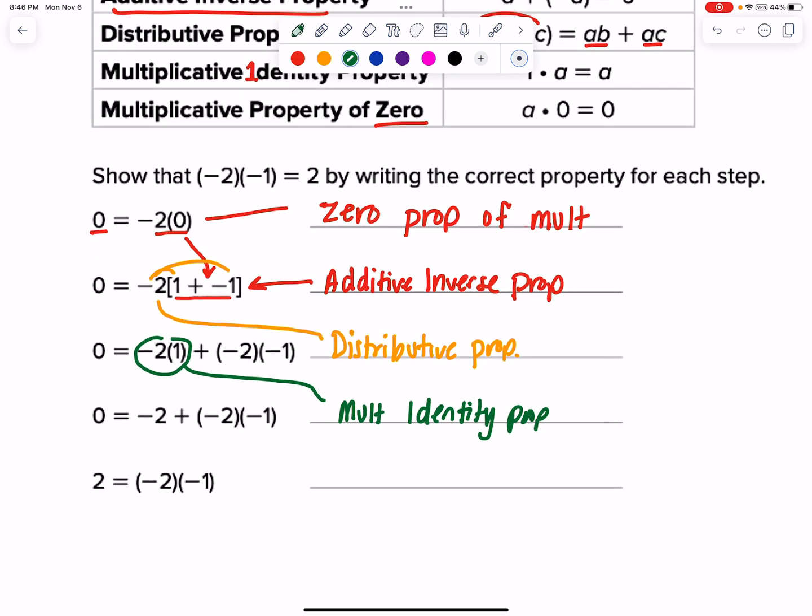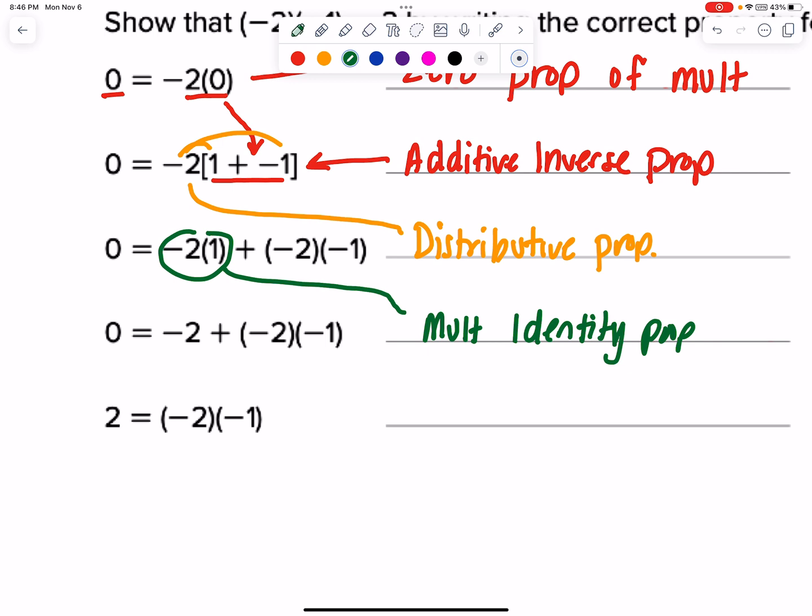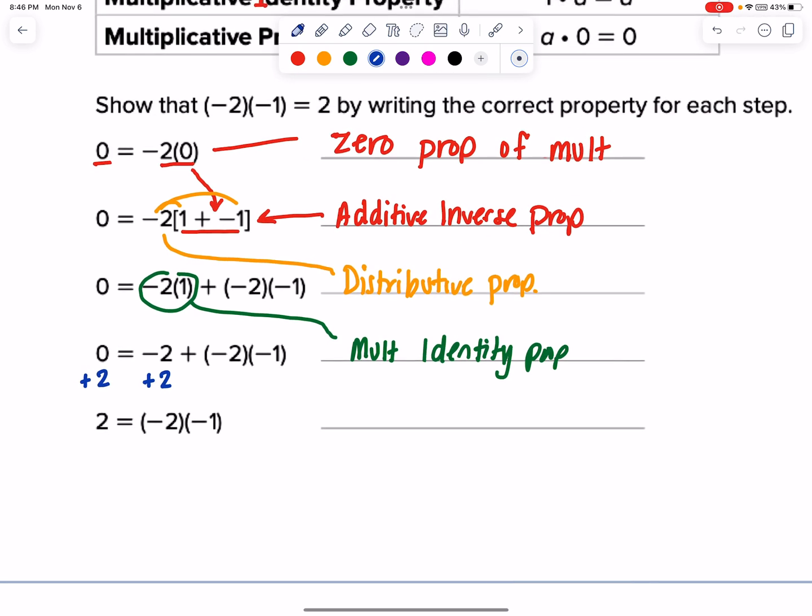Okay. Now the last part here is, let's do this, plus 2 plus 2. That's how you got this final thing, and that is called the addition property of equality.